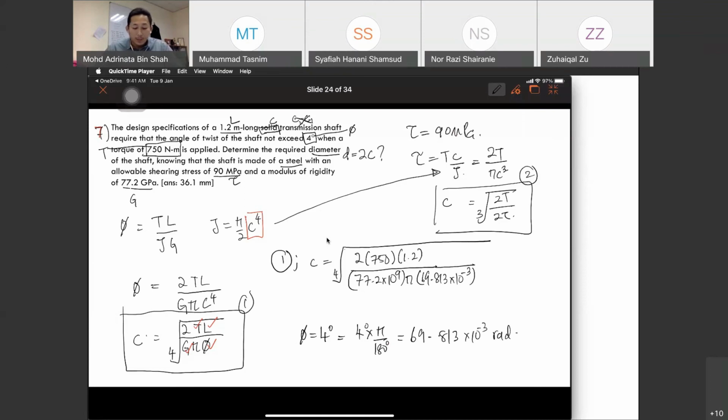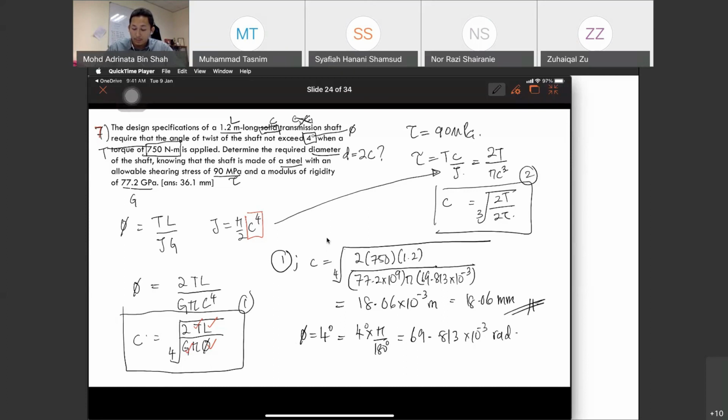Use your calculator and you can get C equals 18.06 times 10 to the power of negative 3 meter, or 18.06 millimeter. That is number 1, C.